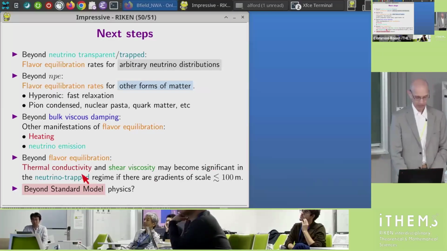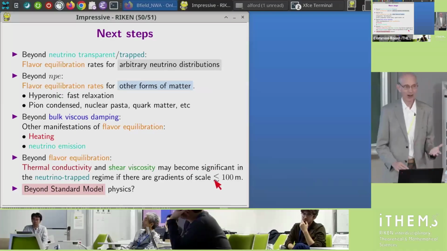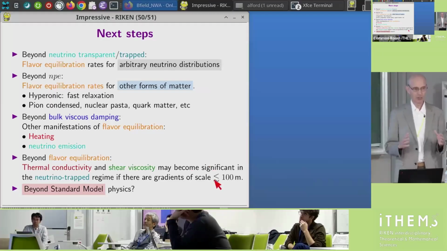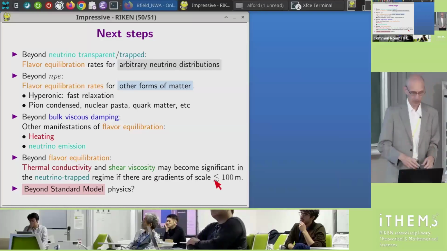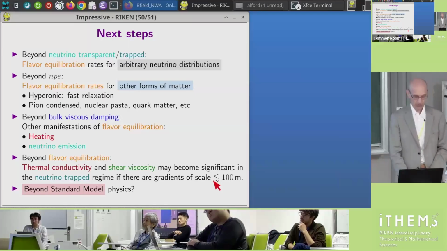And so, you know, particularly if there are gradients on a relatively fine distance scale, which apparently there are. Every time the merger simulation people tighten up their grids, they start seeing more structure at the new scale that they've revealed. So there may well be things like turbulence going on, in which case there may be short scale gradients, and thermal conductivity and shear viscosity may be important, driven by neutrinos.